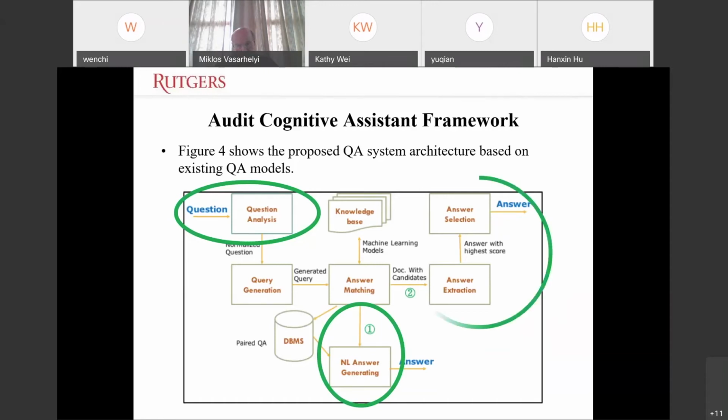However, if the system cannot find the answer in its database, it will search online or search outside information, generate answer candidates, and provide you the best answer for your question.